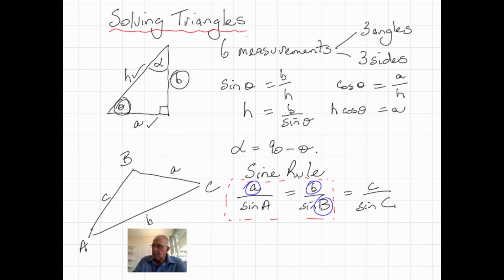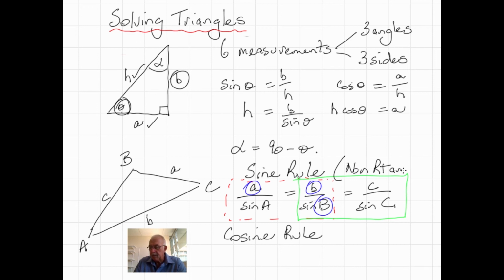And a similar situation holds for that part of the equation. So if you're given three of those, you can work out the fourth. So that's the sine rule. The other one is the cosine rule. And these apply for non-right angled triangles.